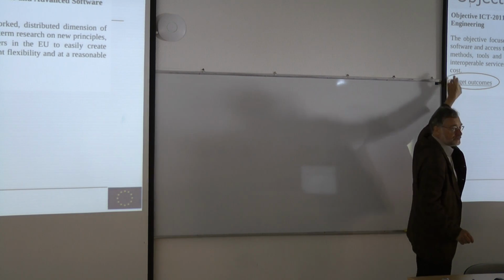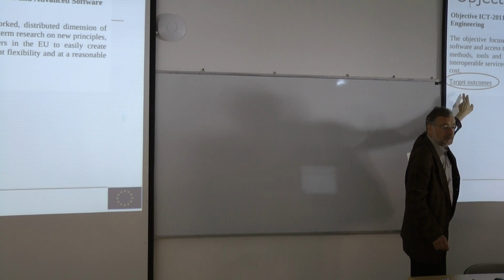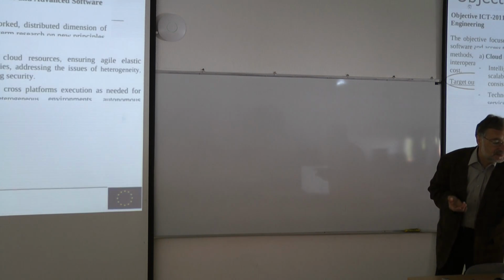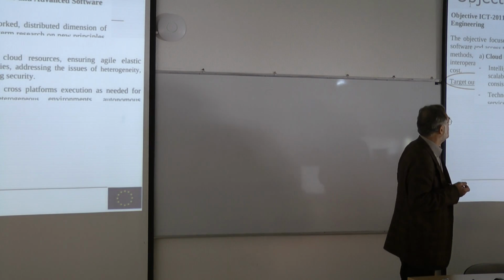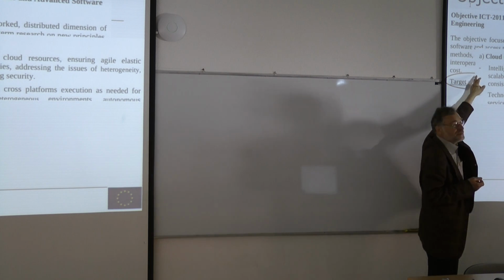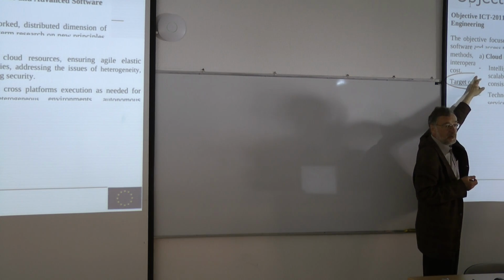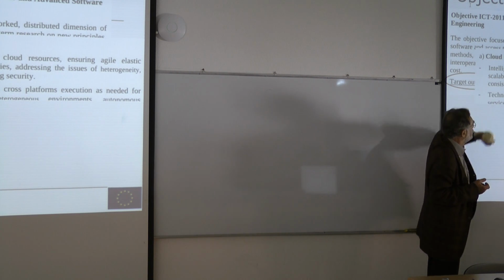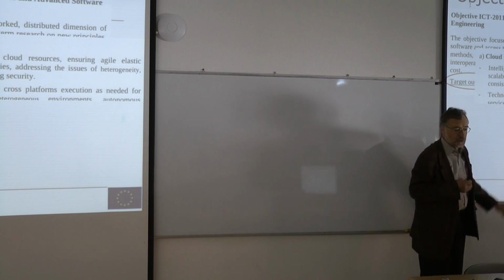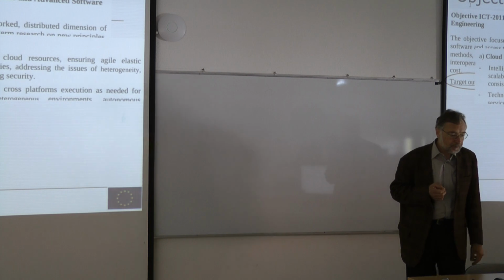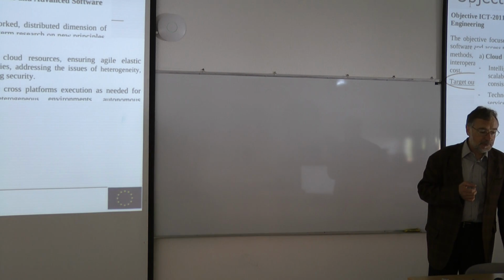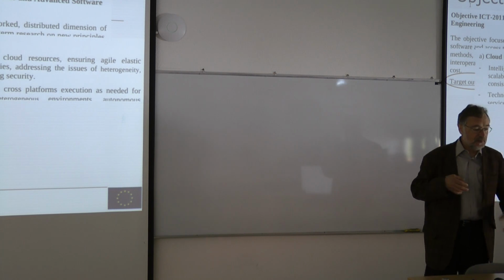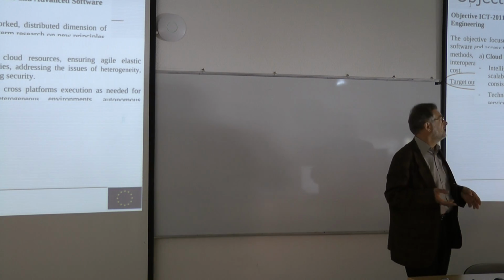Now, after this introduction, we have a so-called target outcome. This means in a broad sense what a project should get to, and we normally have several target outcomes. Here we have a letter A, there is also some B, some C. For cloud computing, what the research should deal with: intelligent and autonomic management of cloud resources, ensuring agile, elastic scalability, and so on.